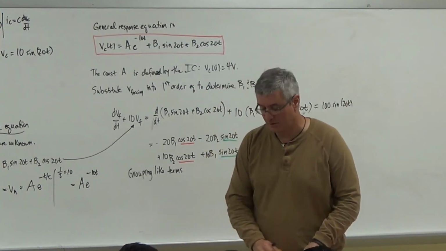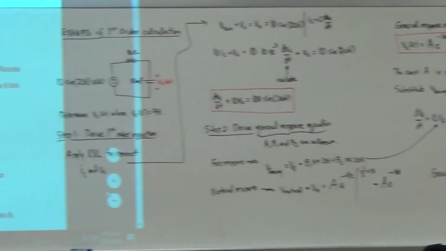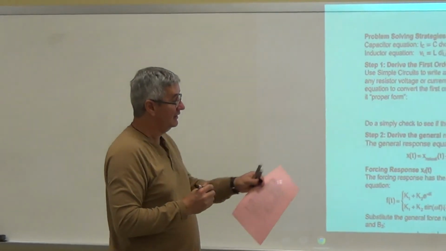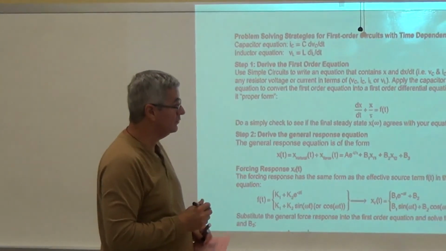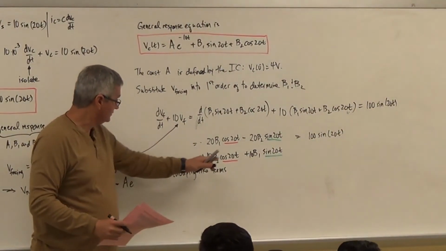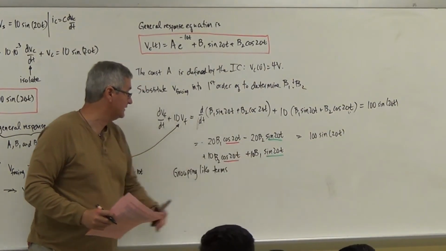So if I'm grouping like terms here, what am I going to get? Let's see, what do I have positives? So I got two positives here with the cosine, and I got a negative with the sine. So let me make sure I don't screw this up.